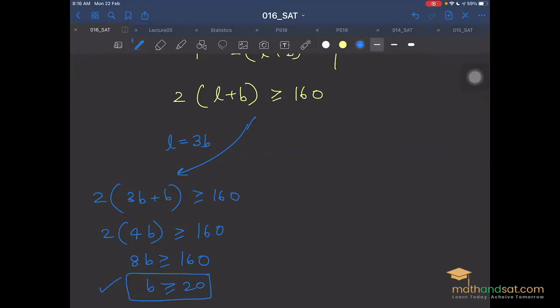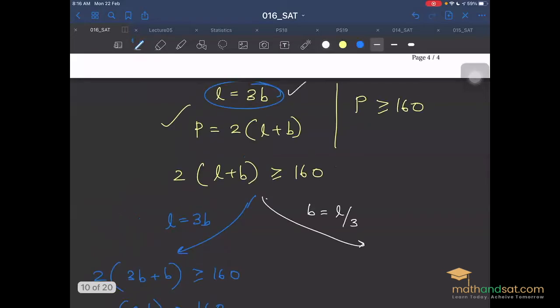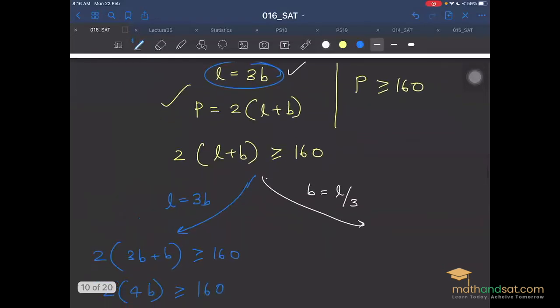Now, if you want the inequality in terms of L, what will you do? You have to convert this into an inequality involving just L. So you can replace your B as L by 3. Makes sense?